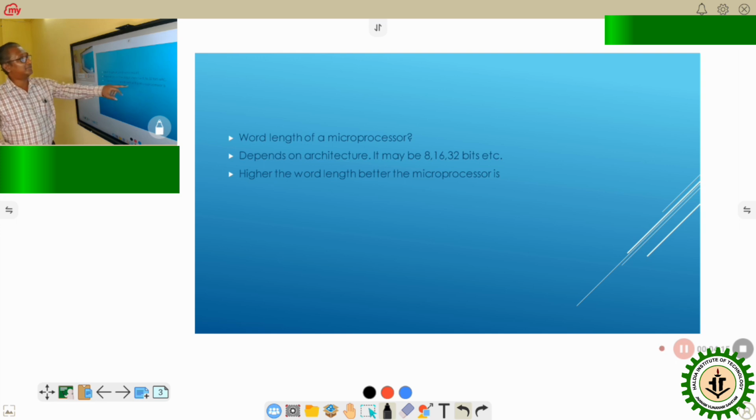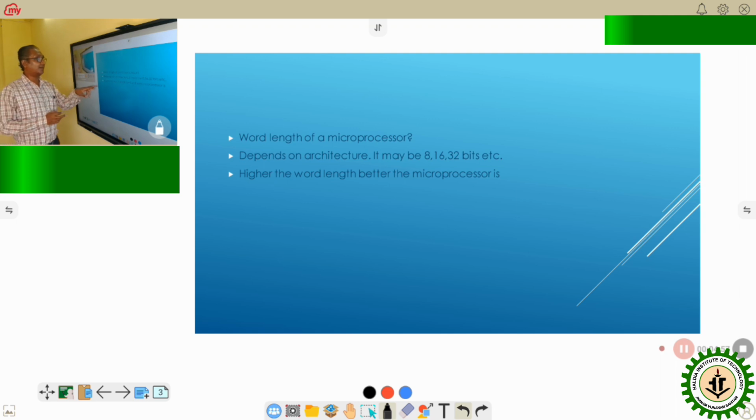But for a 16-bit microprocessor, if the data is 16-bit, the microprocessor will process the total 16-bit data at a particular instant. That means an 8-bit microprocessor should first process 8-bit, then again process 8-bit. So it takes longer time than a 16-bit processor. Similarly, a 32-bit processor will take less time to process a data or some information.